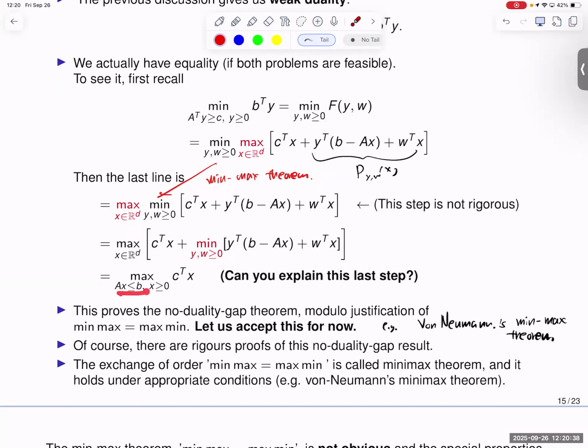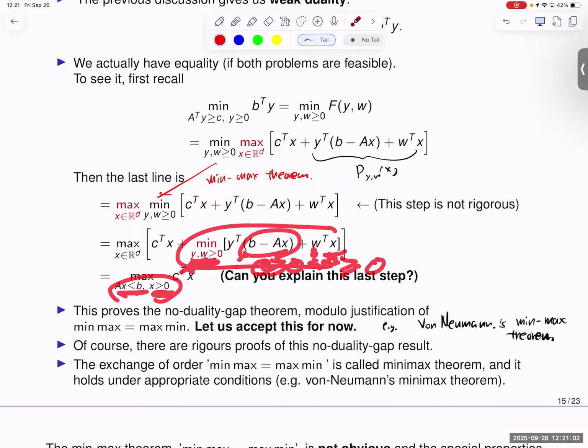Now, once this is non-negative and this is non-negative, the minimum value of this problem will be 0, because you just put 0 for your y and for your w. If the original constraint for x is not satisfied, this minimum value will be infinity.